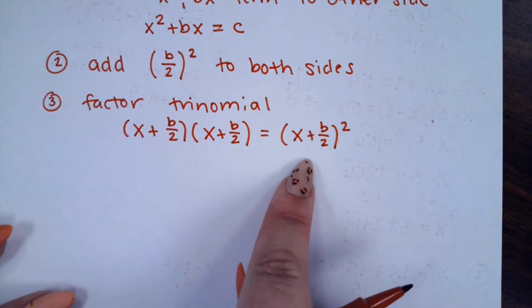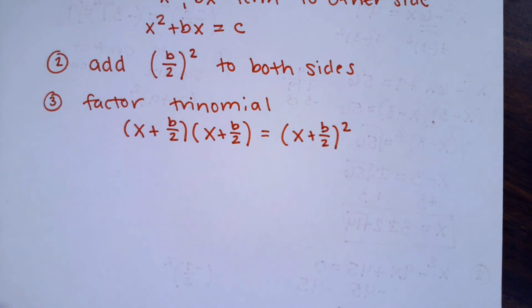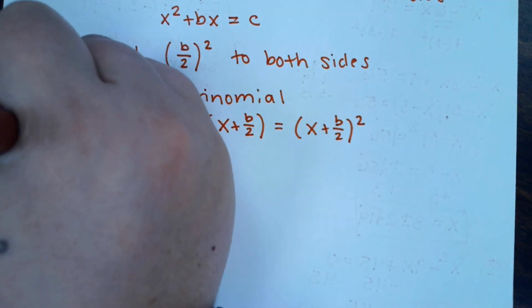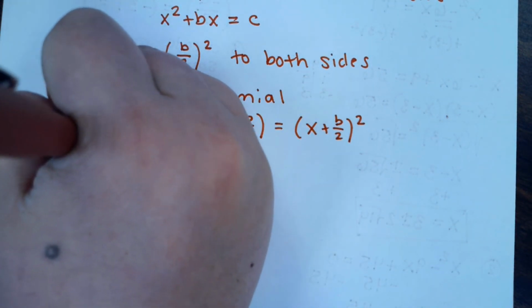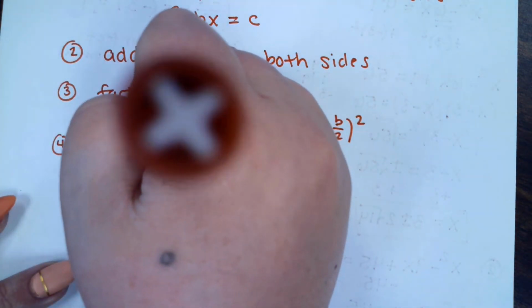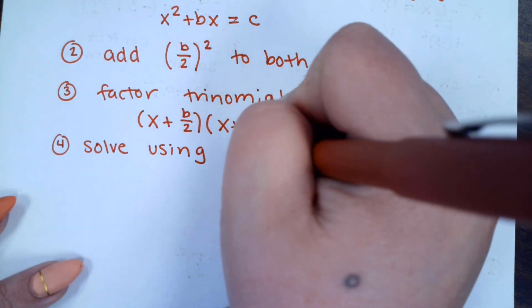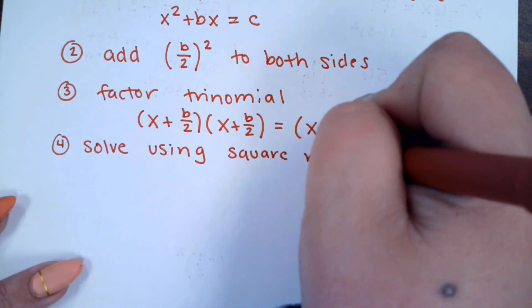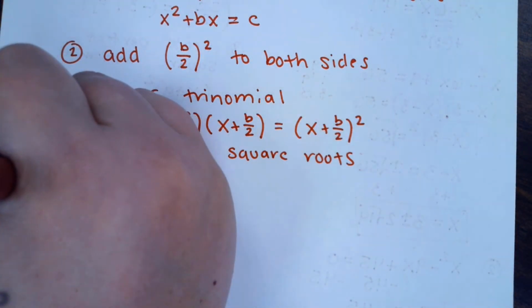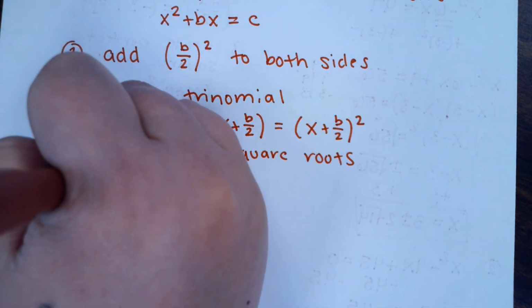This is because it's a perfect square trinomial. Once you have that, you can solve using square roots. And then lastly, just always remember to simplify.